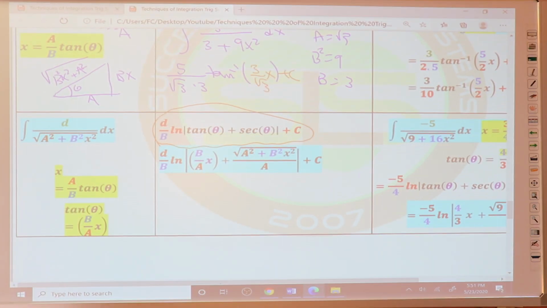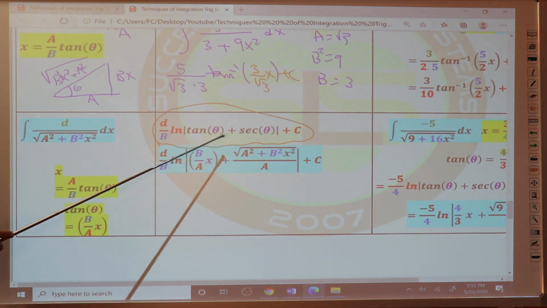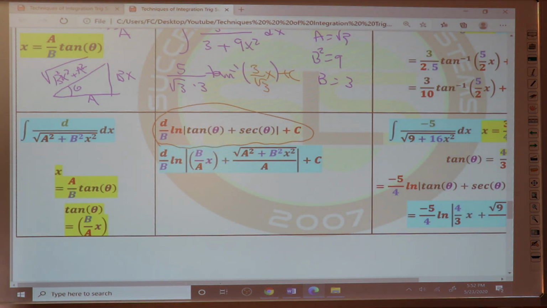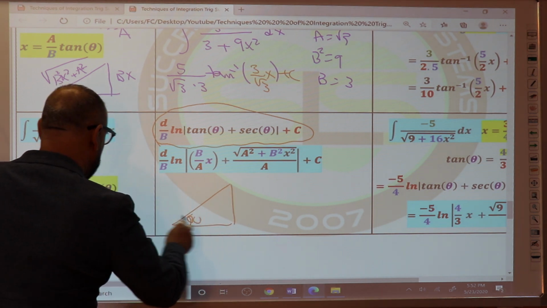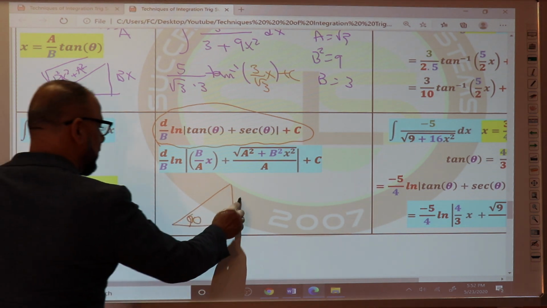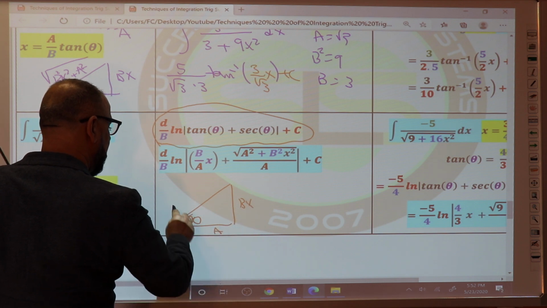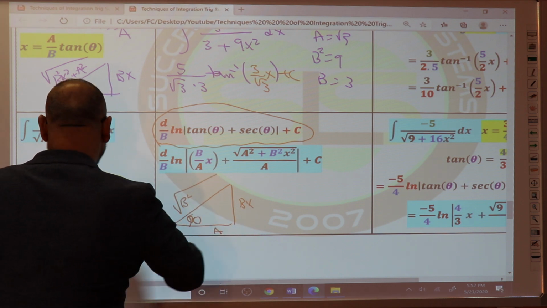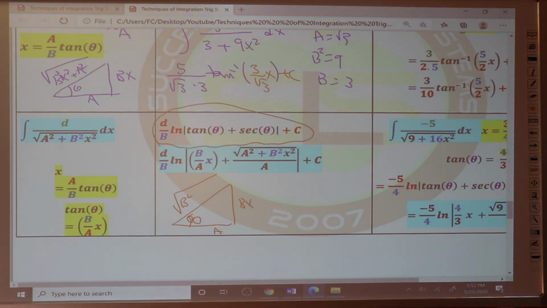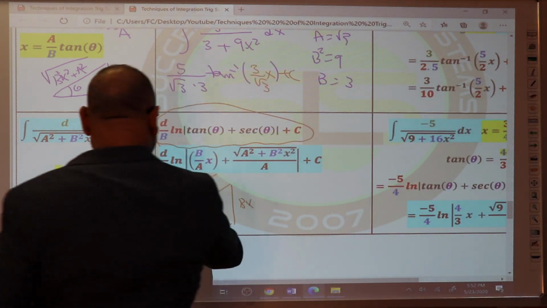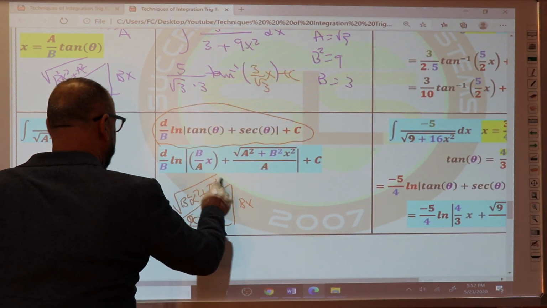Okay. Now then d over b ln tan theta plus secant theta, and remember the triangle, you have theta here and theta equal bx over a, and here, sorry, b squared x squared plus a squared.